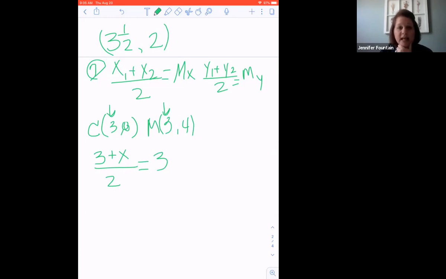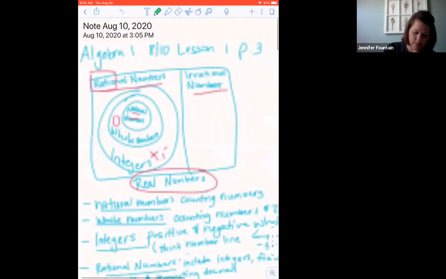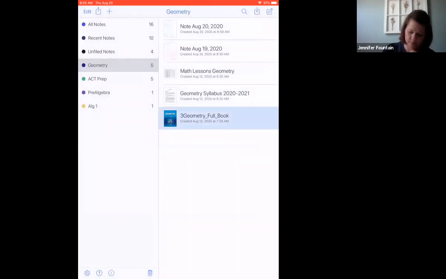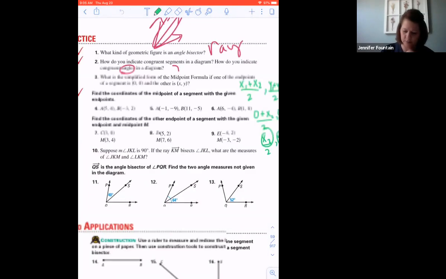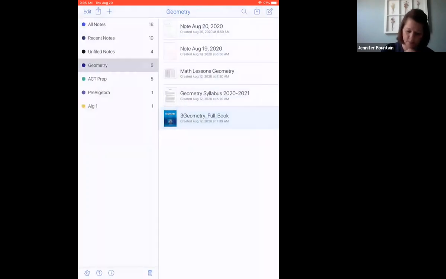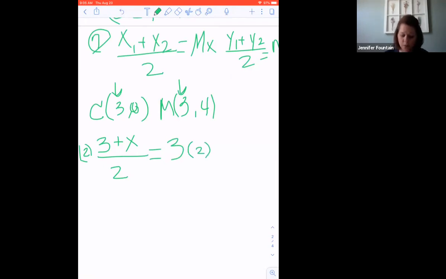All right, the first thing I need to do is eliminate that denominator, so I have to multiply both sides by 2. Too close to the margin, that's not where I wanted to be. Okay, so we're multiplying this side by 2, multiplying that side by 2.